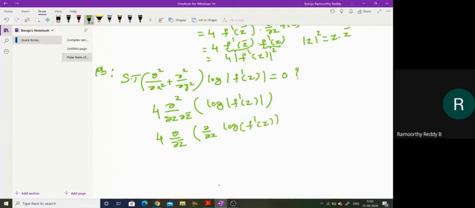All right. Now, what is ∂/∂z of log f dash of z? Are you following?